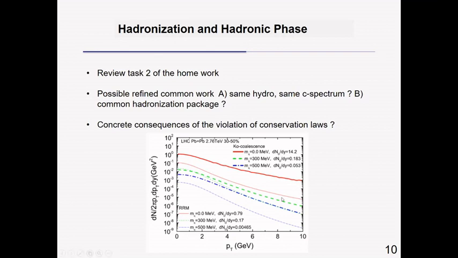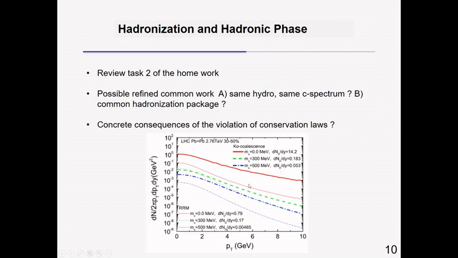Basically, I must confess that even if I'm the author of this report, I never fully understood this comparison between the resonance recombination mechanism in TAMU and the usual coalescence.